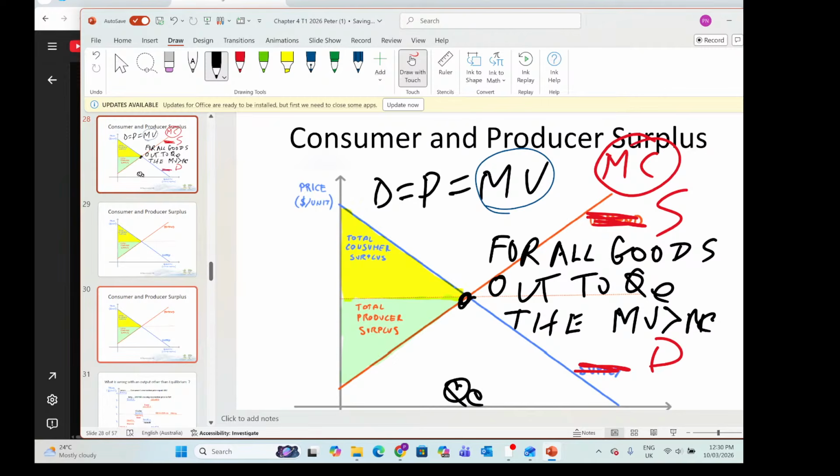I can't fit the C in there. There's the marginal cost. So we're getting more value for every good that we make than we spend in making the good. So this is a good way to use resources, right? If I can get this much satisfaction for this much money, that's a good use of money. So we say all of those goods are worth making.